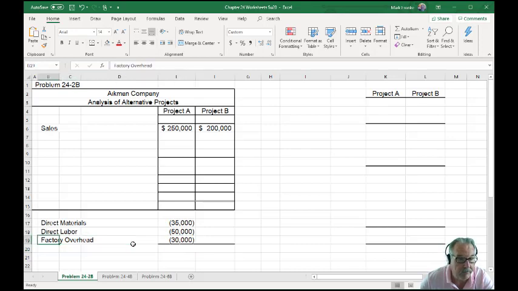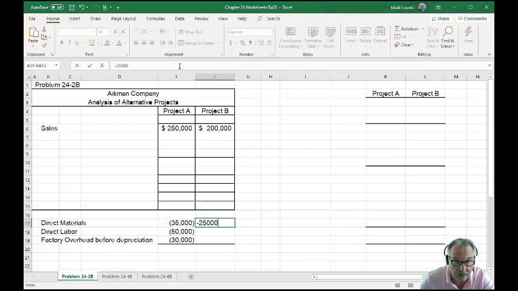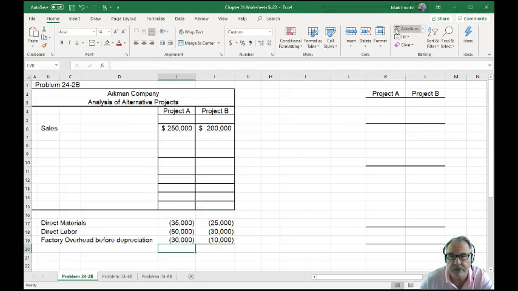And we should say factory overhead before depreciation, because we will have to factor that in. And for Project B, it's $25,000 in materials, $30,000 in labor, and $10,000 in factory overhead before depreciation.